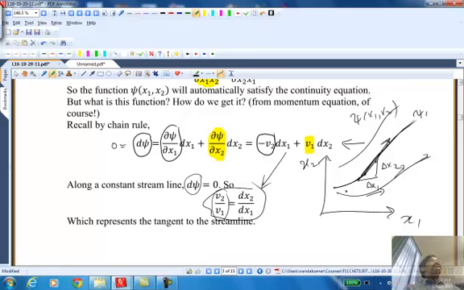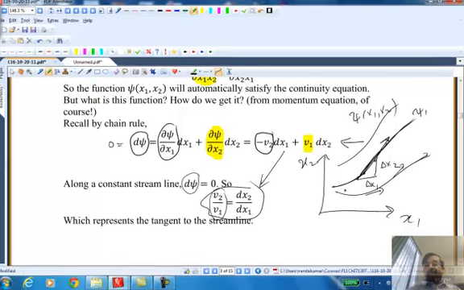So we introduce stream function as a mathematical entity that satisfies the continuity equation automatically, but it has a beautiful physical interpretation, and that is along a constant streamline, the tangent vector gives you the direction of the velocity field locally. Okay?